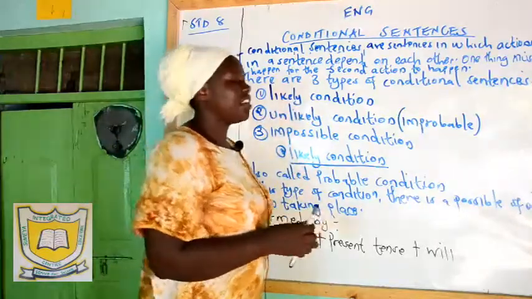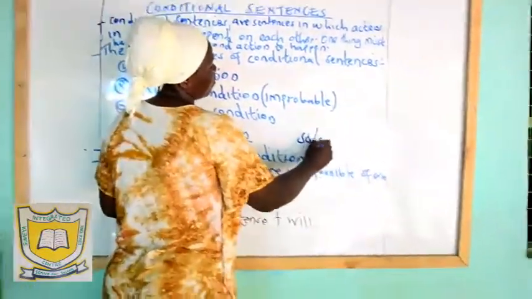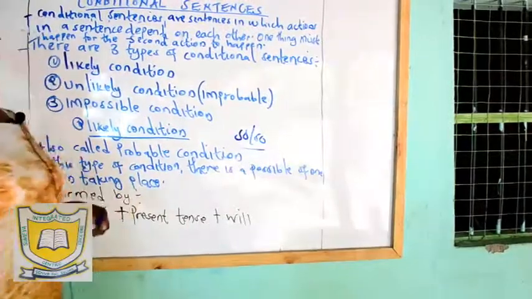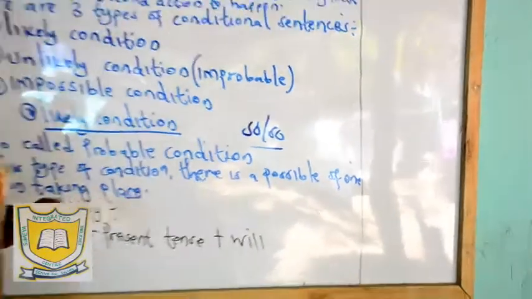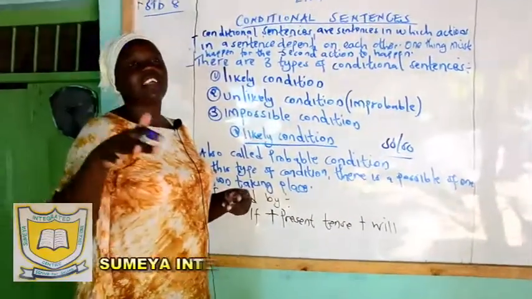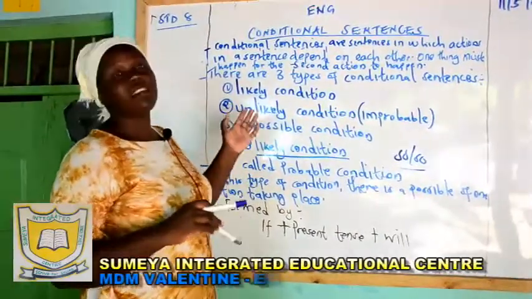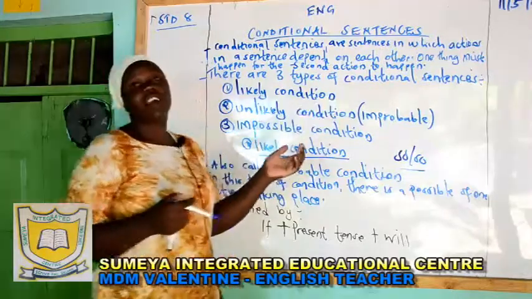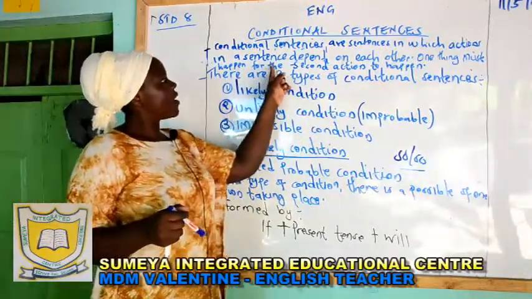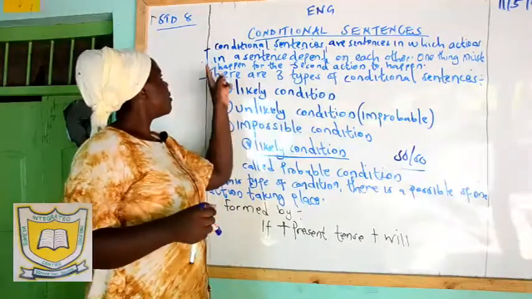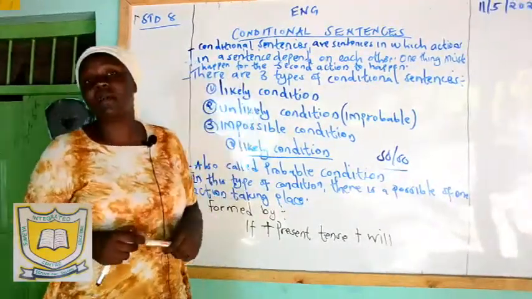It can or cannot take place. In if conditional sentences, if the first action does not happen, then the second action cannot happen. The sentences depend on each other. One action must happen for the second action to happen.